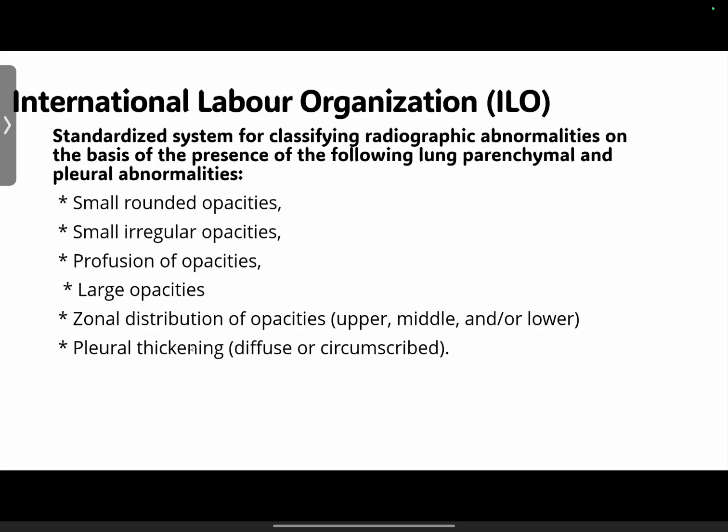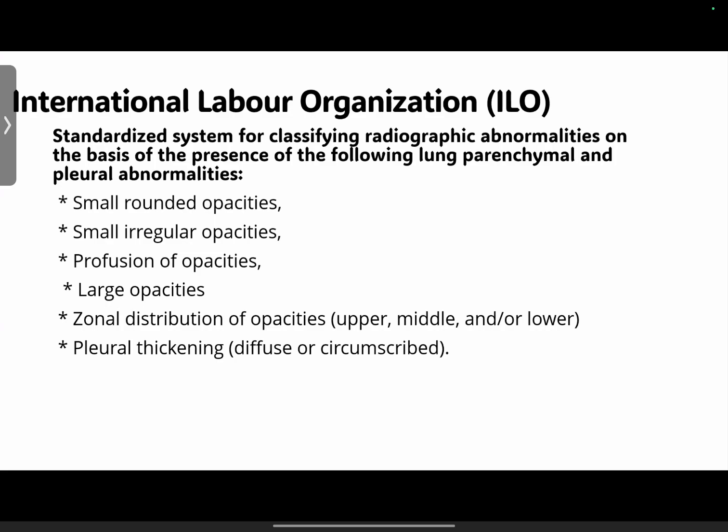So what I mentioned to you before is the International Labor Organization, ILO. They have a classification system for many of these pneumoconioses. They've standardized after many years how to read these radiographs, and there are actually courses in the United States.